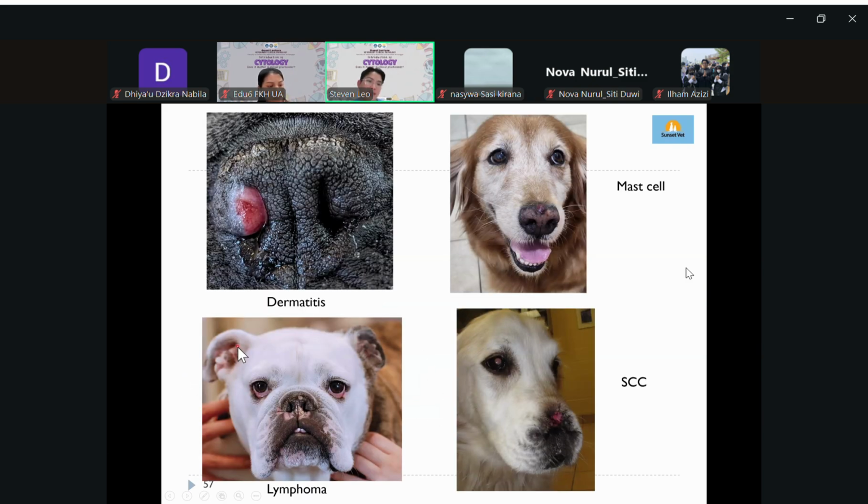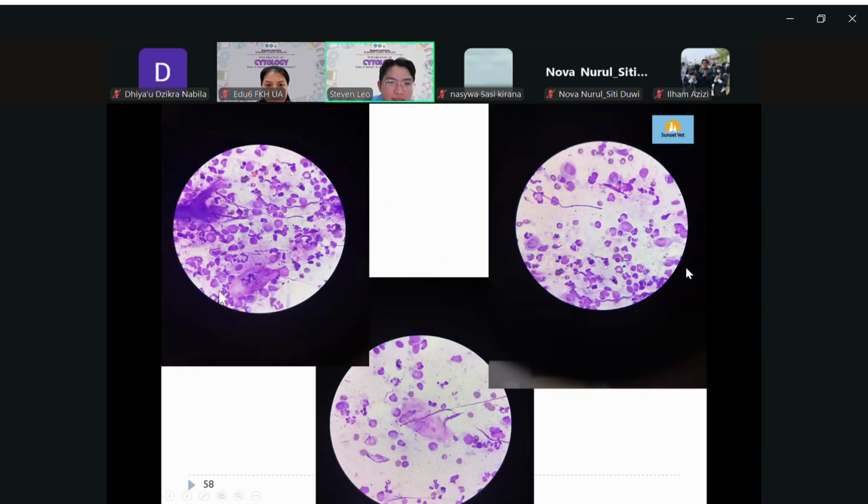Okay, as you can see here, it could be dermatitis. It could be the mast cell. It could be the squamous cell carcinoma. It could be the lymphoma. So I took the cytology. So what do you think about this one? Is it more inflammation or is it more cancer?